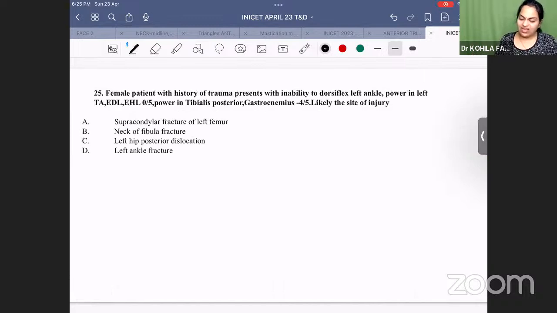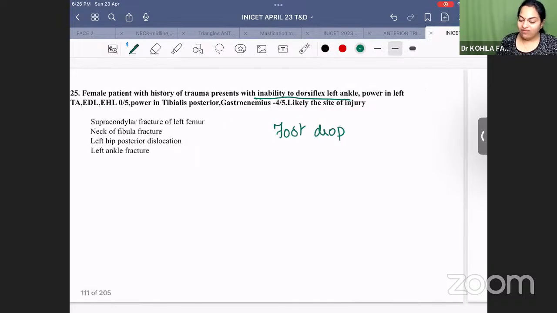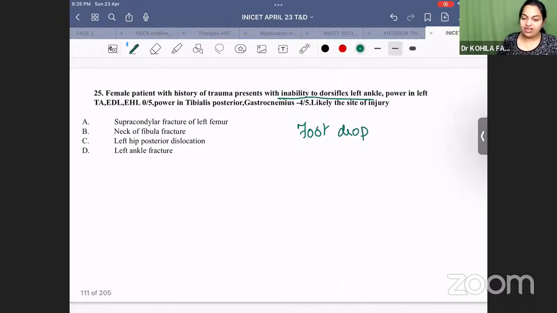This is again a different format they asked. Now I just want to tell you, highlight this word: inability to dorsiflex, which is another way of telling the patient has presented with foot drop, right? So every year, in a different format, they keep asking the same thing: neck of fibula fracture, which is wound around by the common peroneal nerve.